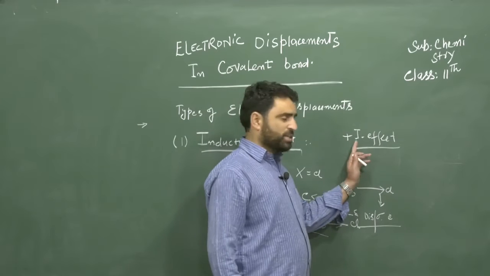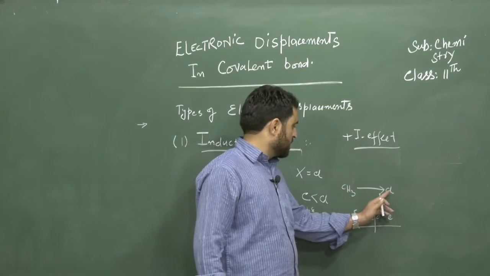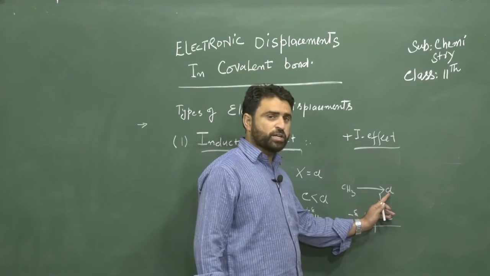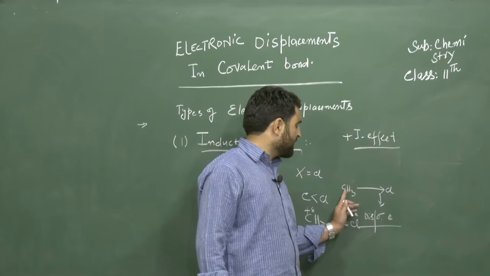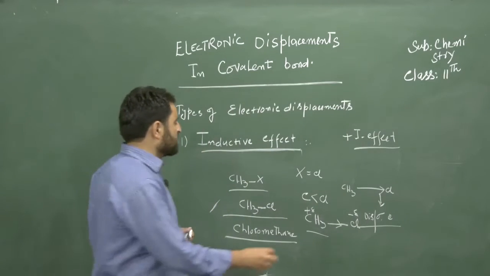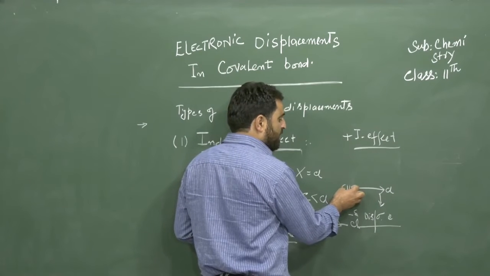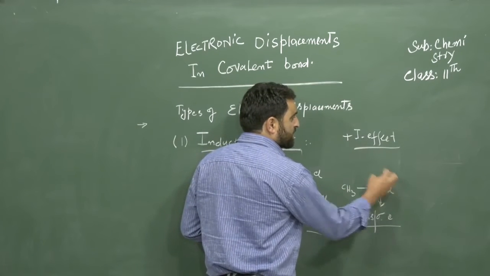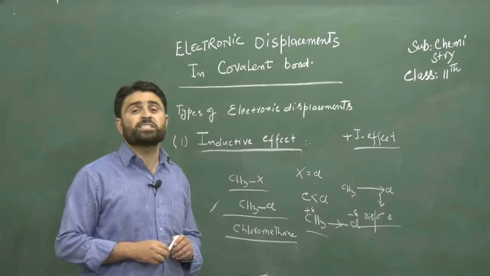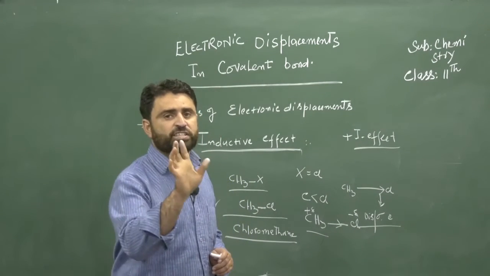Now what does plus I effect actually mean? If a high electronegative atom is attached to this group, and the hydrocarbon part donates or releases electron once a high electronegative group is attached to it, it is called plus I effect. Plus I means when it releases.